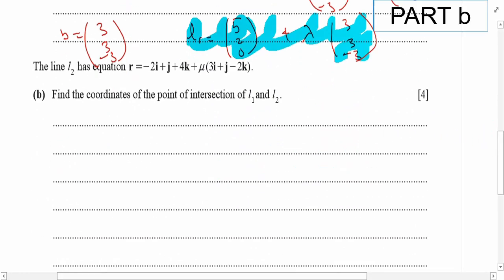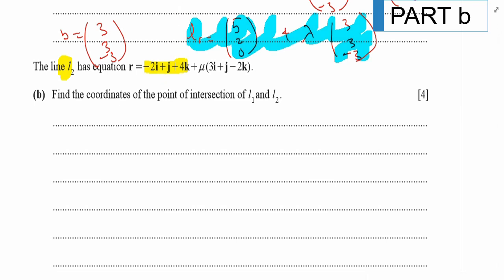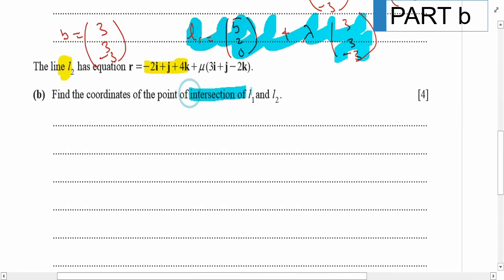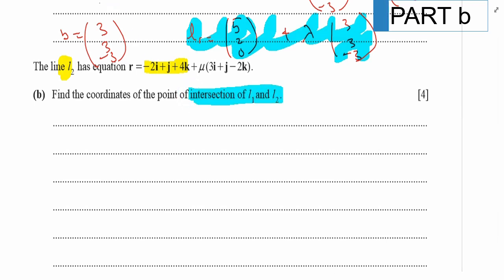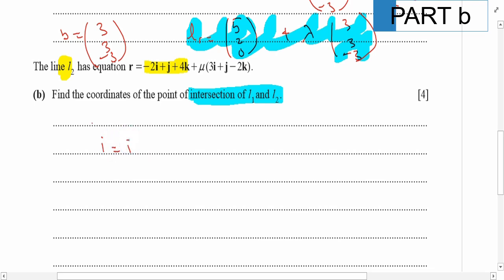Moving to part B, we are given the equation of a line L2, which is minus 2i plus j plus 4k plus mu times (3i plus j minus 2k). We have to find the point of intersection of L1 and L2. When the lines intersect, it means the i vector would be the same. The i of L1 equals the i of L2, which means 5 plus 3 lambda equals minus 2 plus 3 mu.